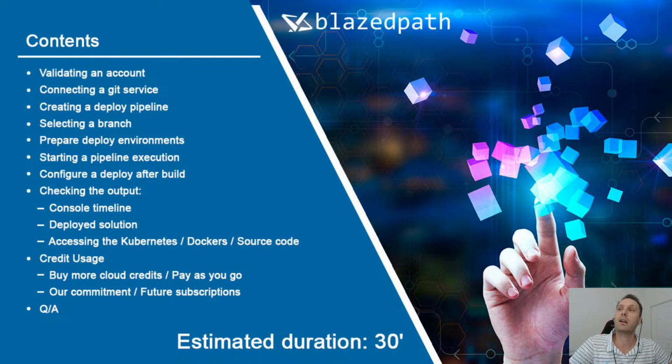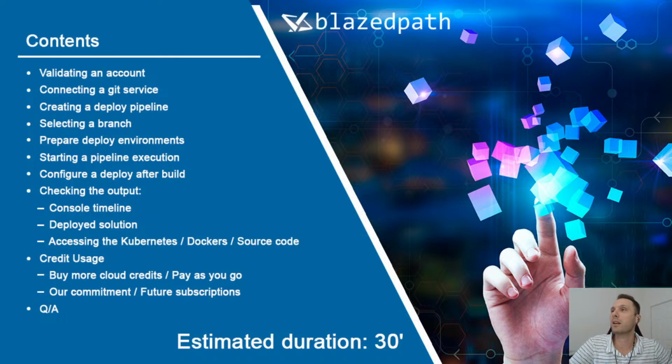That's our main purpose today. We're going to be validating an account. We are going to create a deploy from a Git repository on GitHub, and when we are done, I'm going to give you the URL address so you can see that it's actually working and you can start playing with the solution.